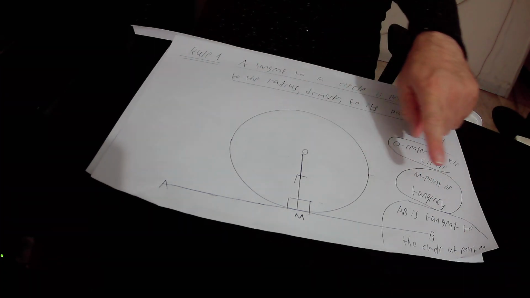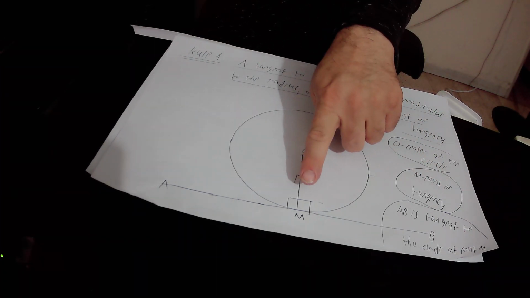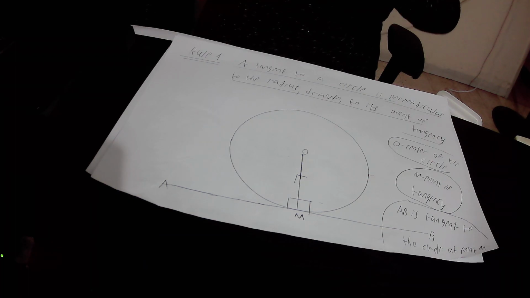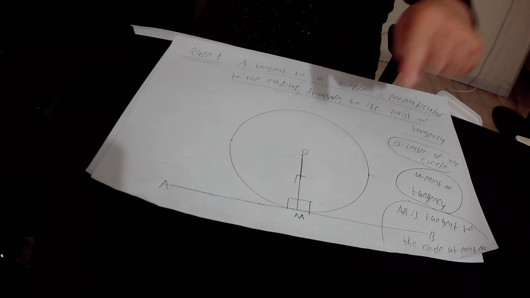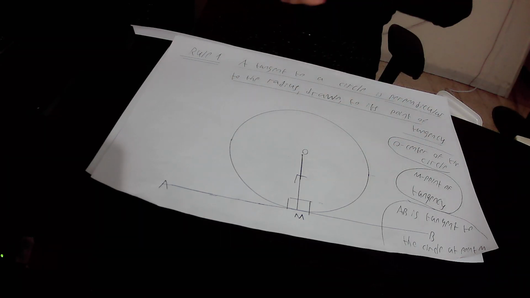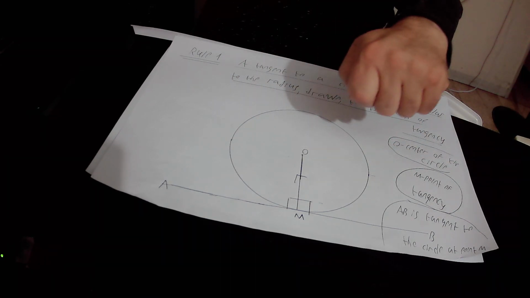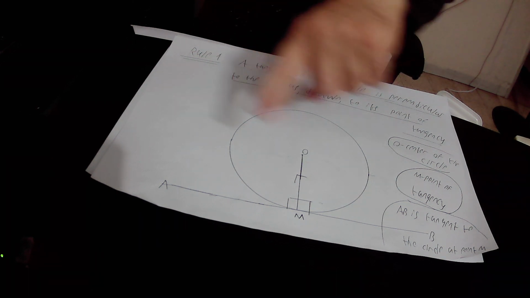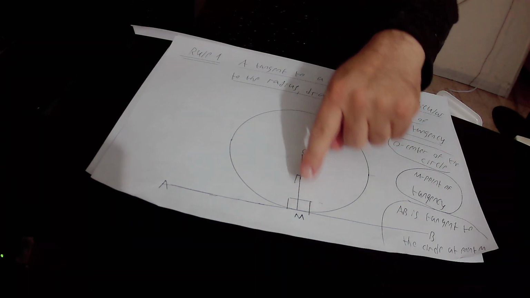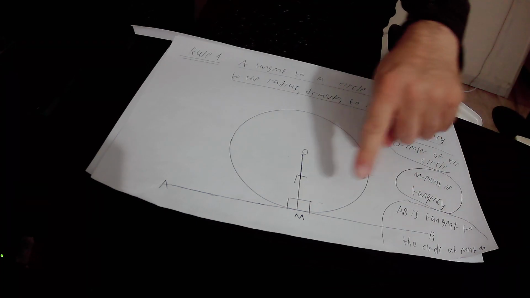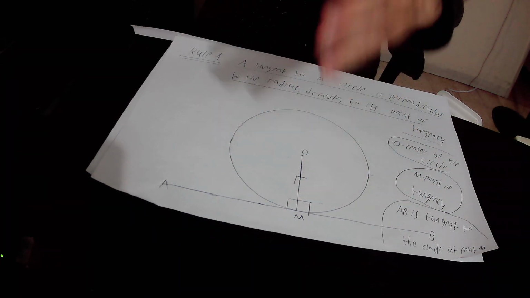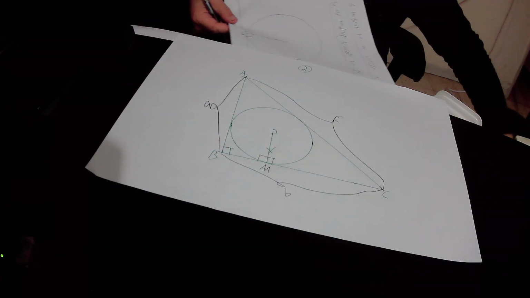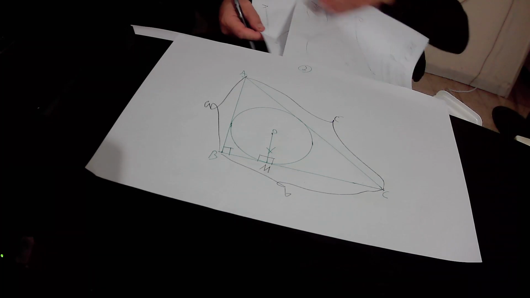AB is tangent to this circle here at point M. The radius OM is drawn to point M, that is the point of tangency of tangent AB with this circle. And whenever you have a radius that is drawn to the point of tangency, then tangent AB will be perpendicular to the radius MO. If AB is perpendicular to MO, it means that this angle equals 90 degrees, and this angle also equals 90 degrees according to rule number 1. So we can actually implement rule number 1 in our drawing.